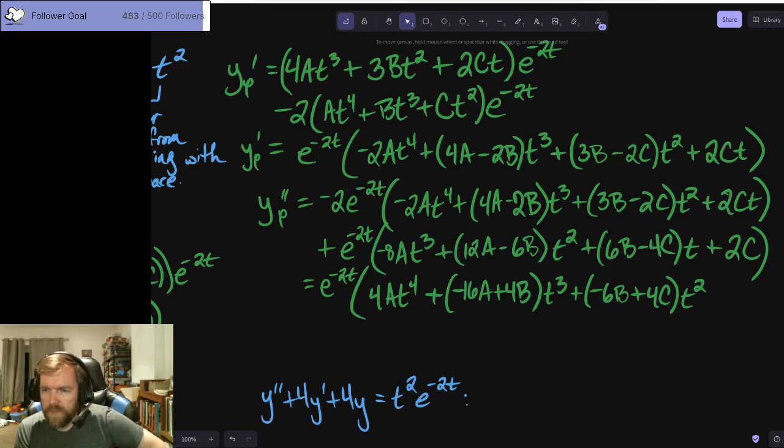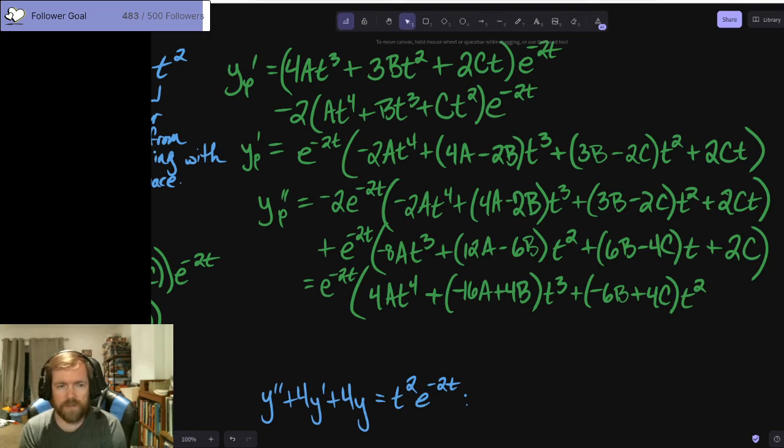And same deal with the squared term. We need the squared term up top as negative 6b plus 4c. Then from the bottom term, the t squared term is going to be a 12a and a negative 6b.